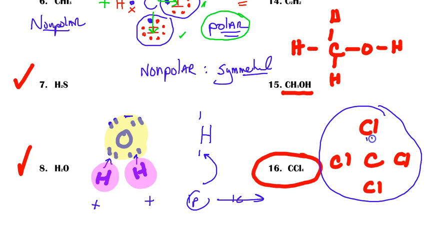You may have unequal sharing between the bond, but throughout the entire molecule, it's the same. If you're a polar molecule, you are non-symmetrical, meaning you're not the same all the way around, so you're going to have areas of richness and poorness or unequal distribution. So if we go through some of the R groups right now, we should be able to recognize which ones are polar and nonpolar.